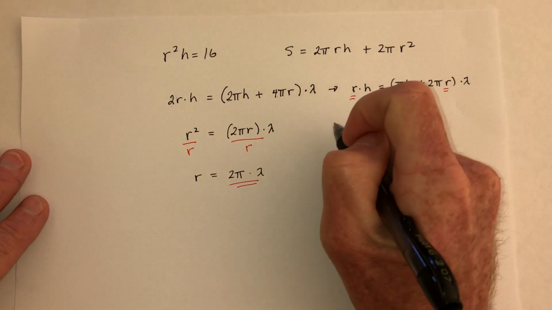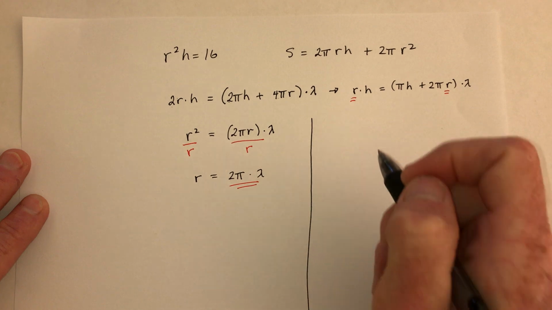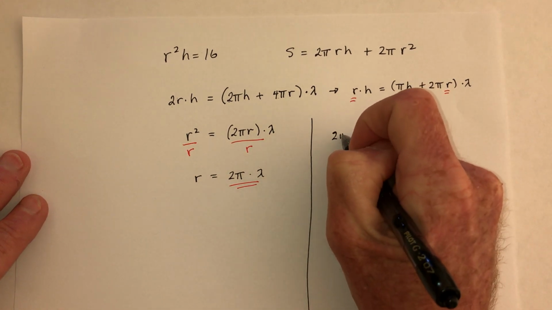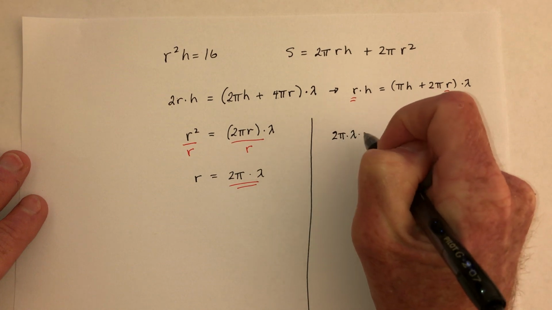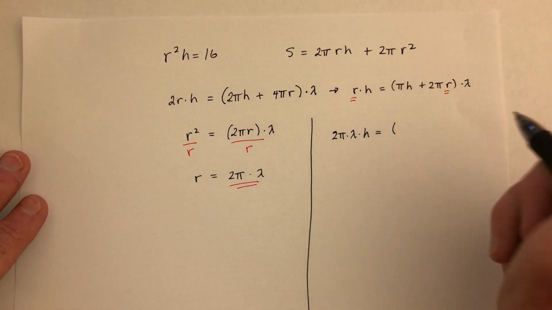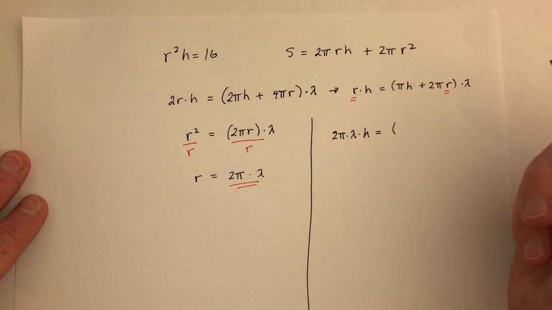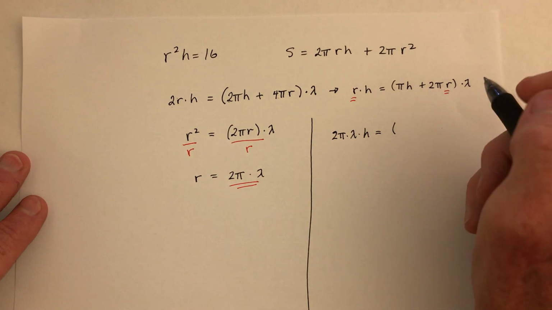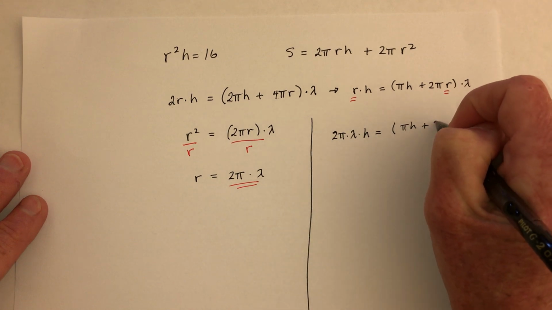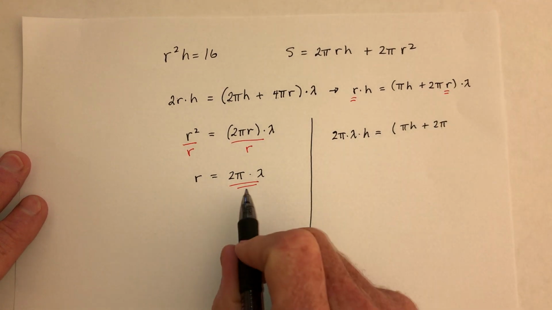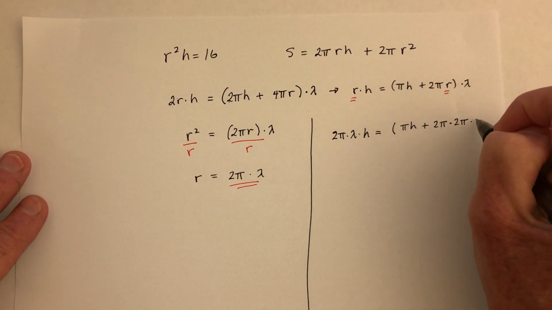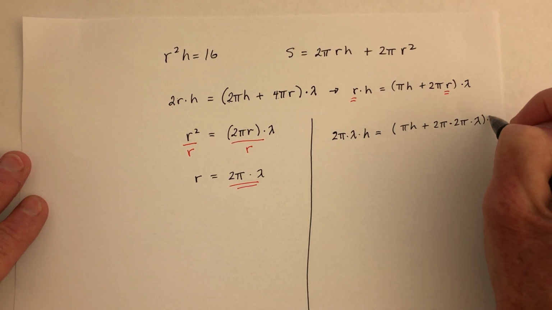So right here, separate my work, right here, replace that with 2 pi times lambda times h equals pi h, and then 2 pi, and now replace the r with 2 pi times lambda, times lambda.